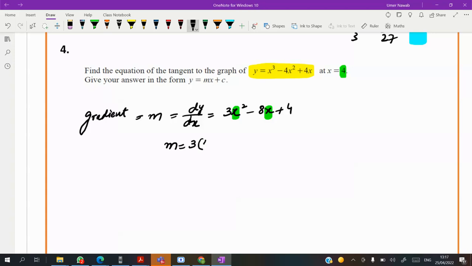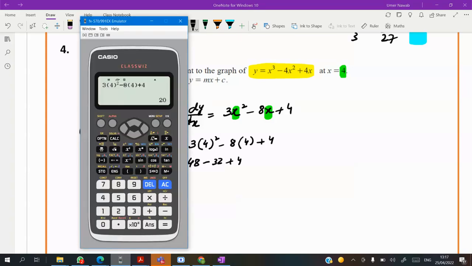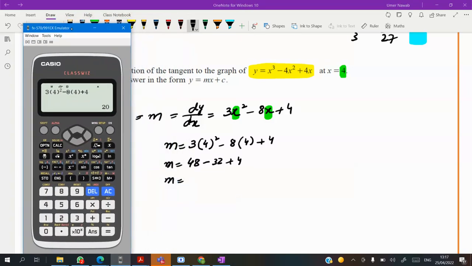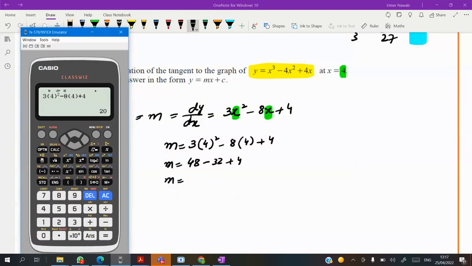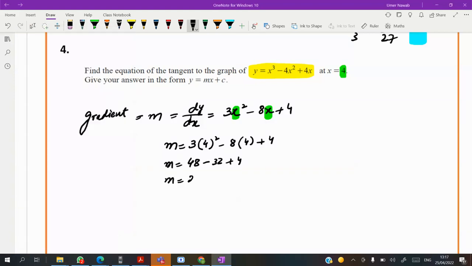So 3 times 4 squared minus 8 times 4 plus 4. I can get the answer directly from a calculator, or if you want to do it manually, 48 minus 32 plus 4. So it gives you the answer, we found it, 20. Yes, it's 20.